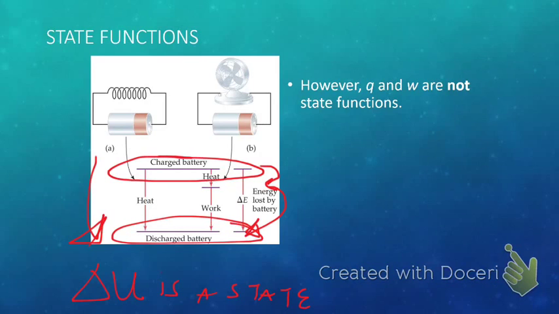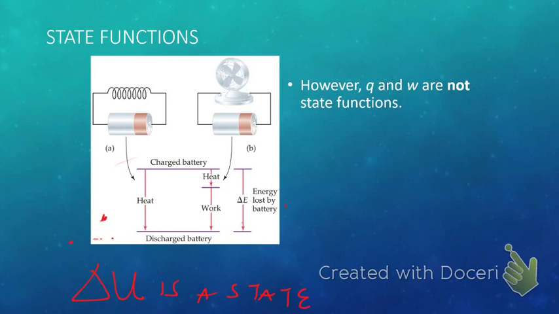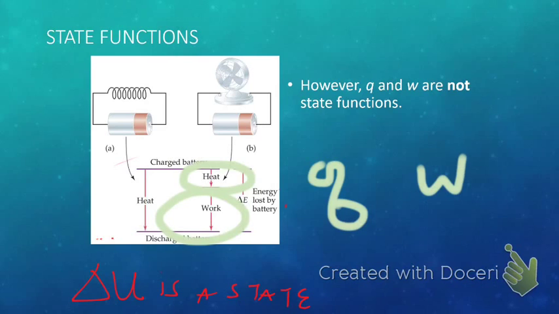But you notice, let me erase some of this. Delta U is a state function. However, heat, which was Q, technically it's supposed to be a lowercase q, and work, which is W, are not state functions. Those matter. Was Q a large Q here, and a small one there, or was it all work, or was it a certain amount of work?